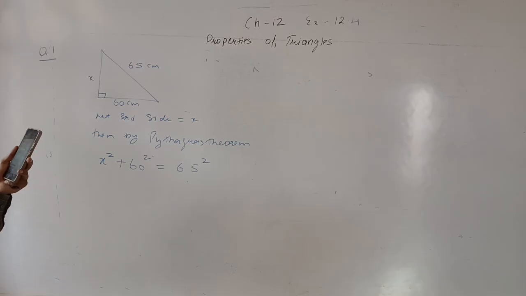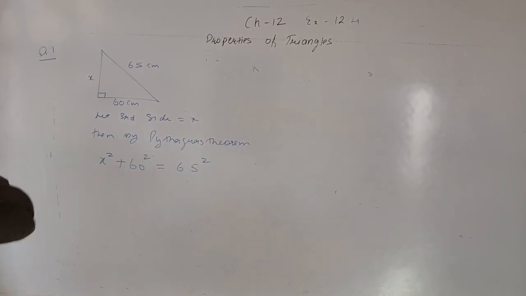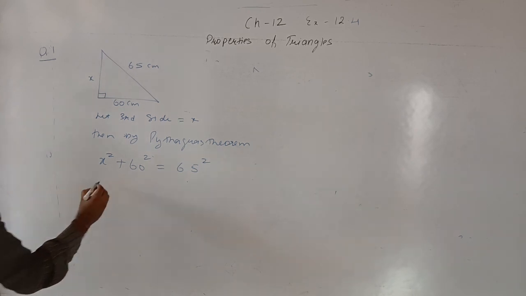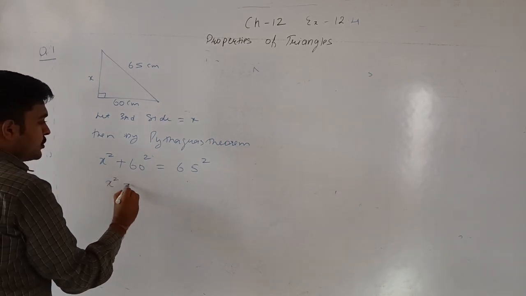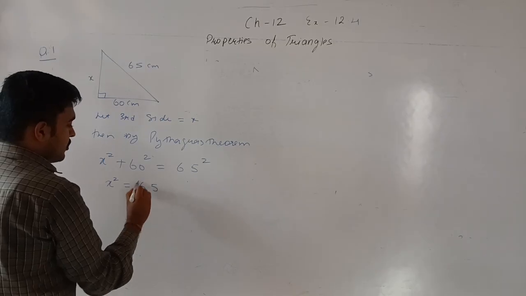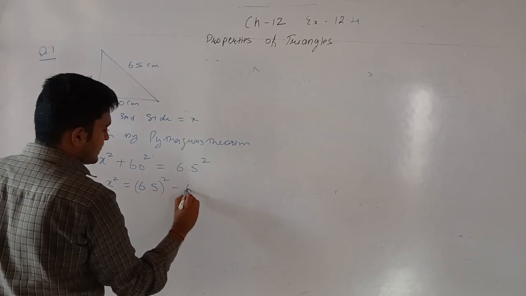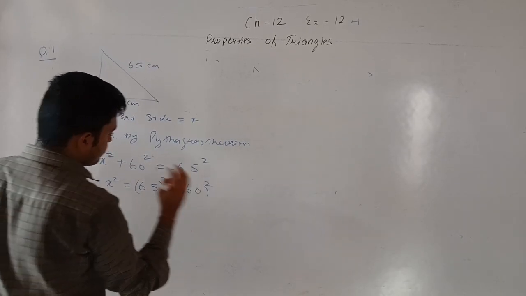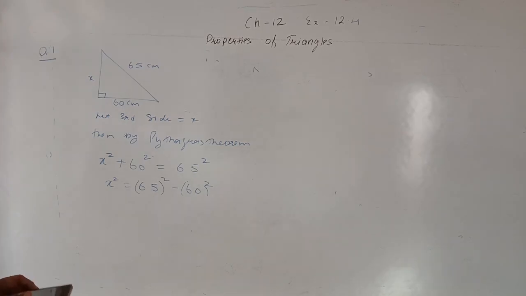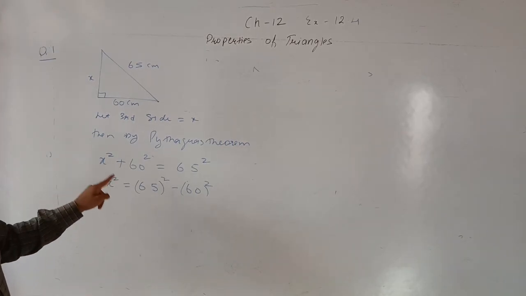That means base squared plus perpendicular squared must be equal to the square of the hypotenuse. 65 is the hypotenuse, 60 is the base, and x is the perpendicular. Therefore, x squared will be equal to 65 squared minus 60 squared.